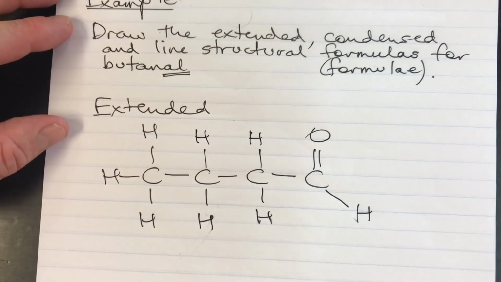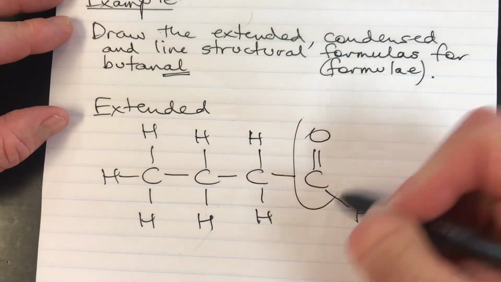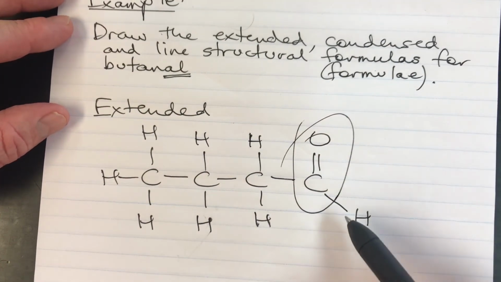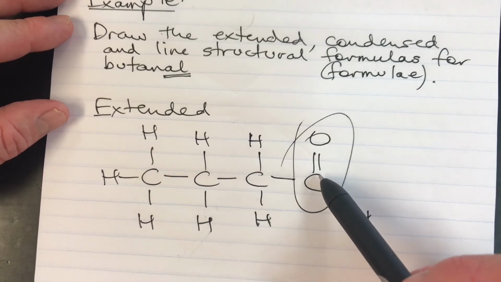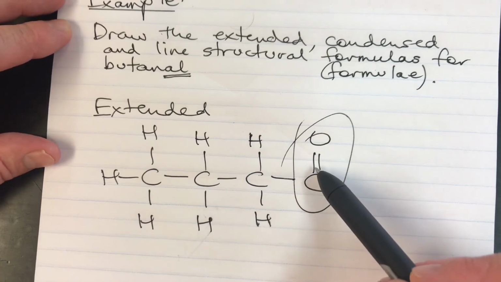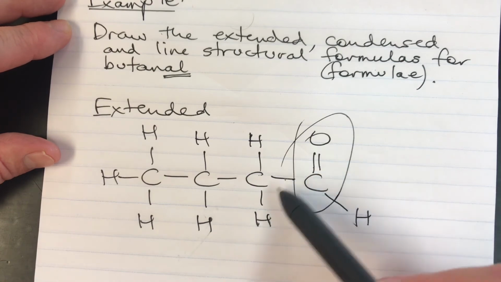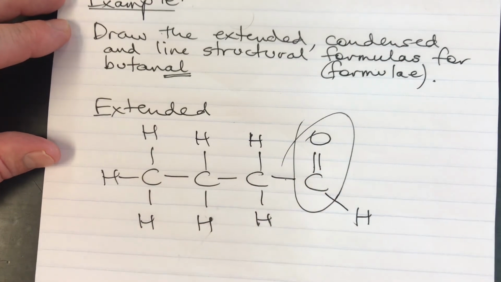There you go, that's the extended one. Here's our carbonyl group, and yeah, double check all the carbons obey the octet rule. 1, 2, 3, 4. Yep, and all the others have 4 sticks coming out.